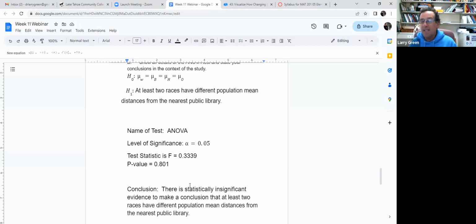Okay, does that mean that they're all the same? When we say that every race has the same average distance from the nearest public library? What do you think?